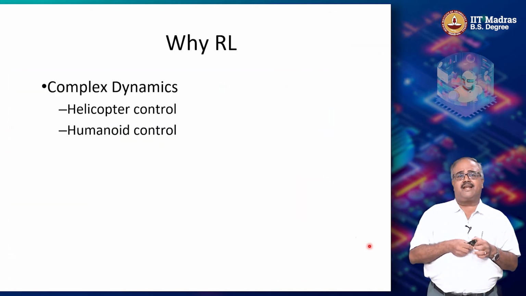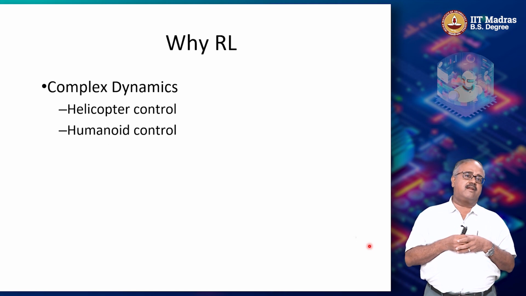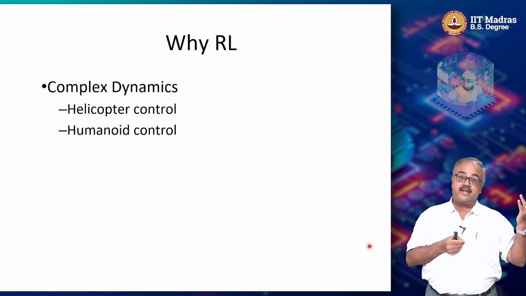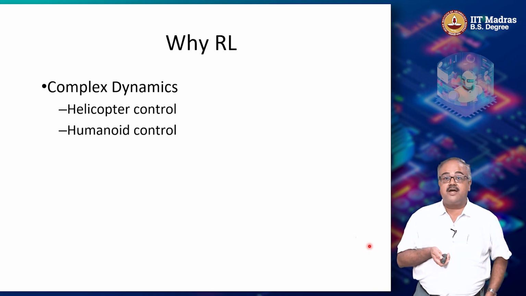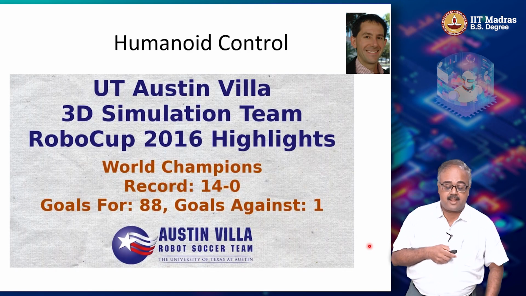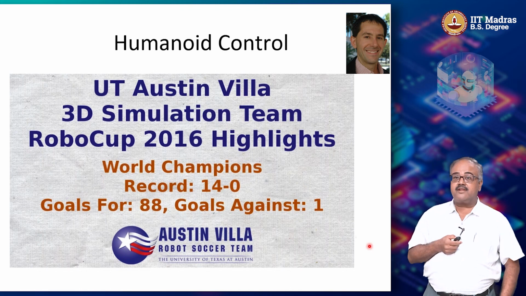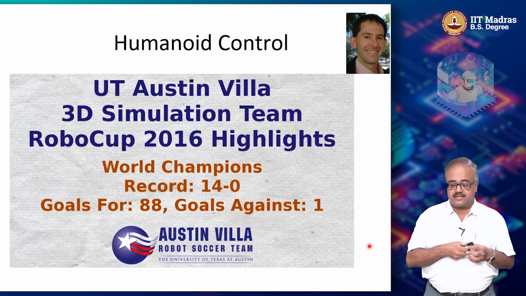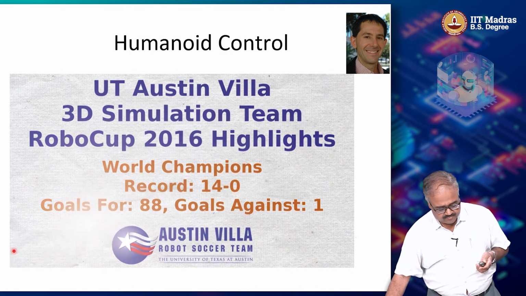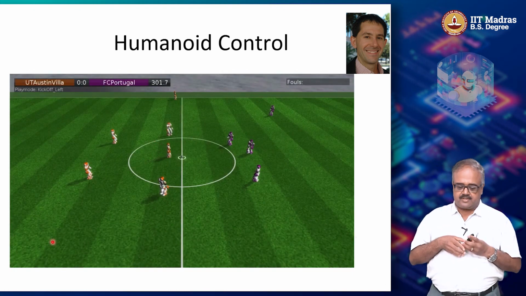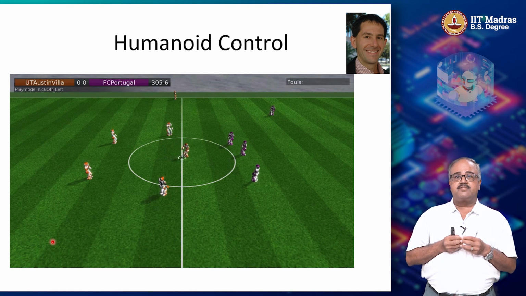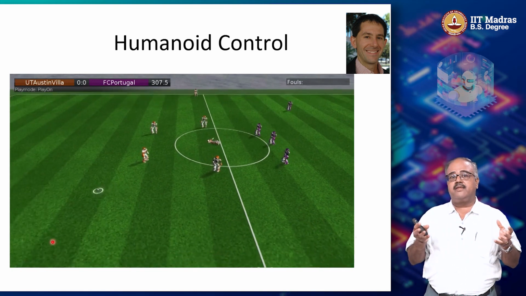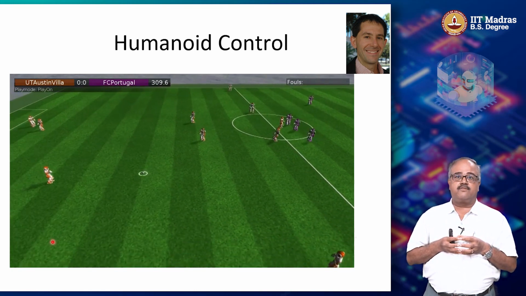The second case, where again I just wanted to show you some cool videos where reinforcement learning with complex dynamics was very successful, is humanoid control. And that person you see up there is Peter Stone. There you go, it's playing now. Peter is a faculty at the University of Texas at Austin, and he's one of the leading researchers in the field of reinforcement learning.